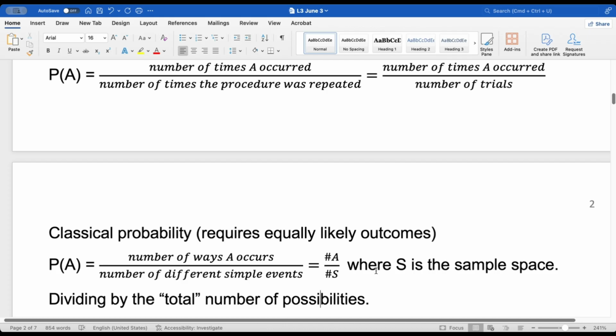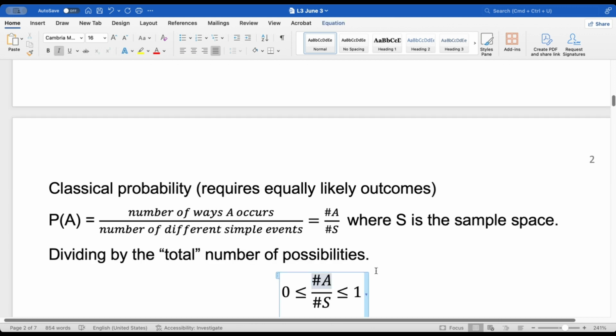So when you calculate classical probability, remember that you're doing a division process and you're dividing by the total number of possibilities. So in the fraction here, the number of ways that A can occur is your numerator.